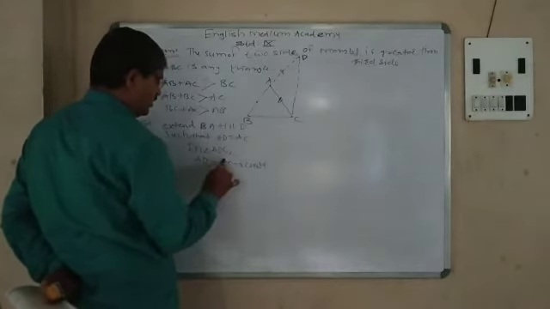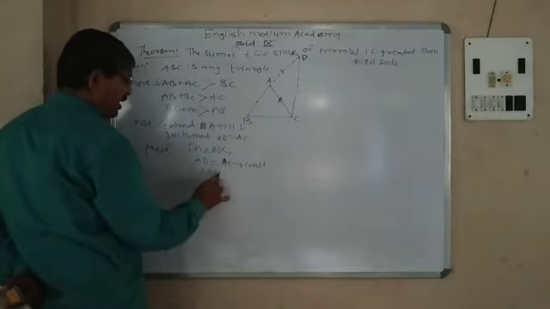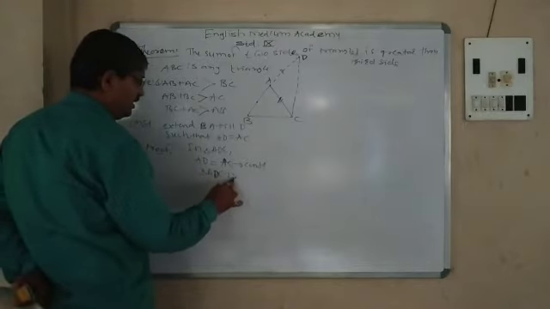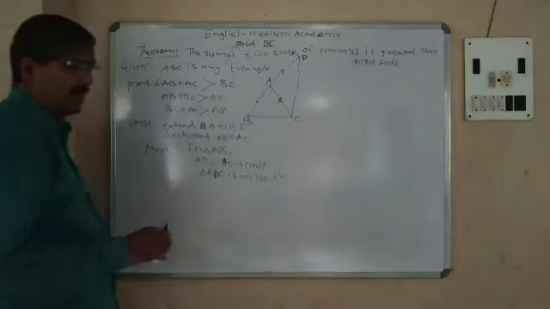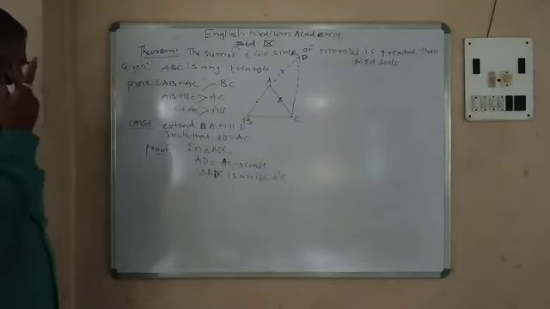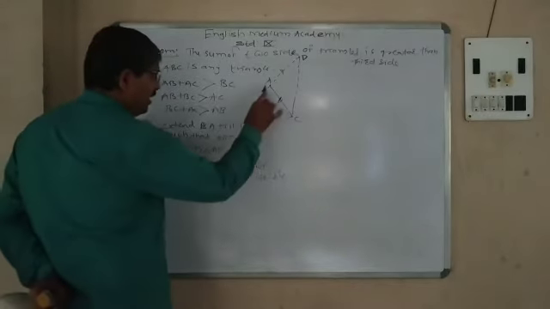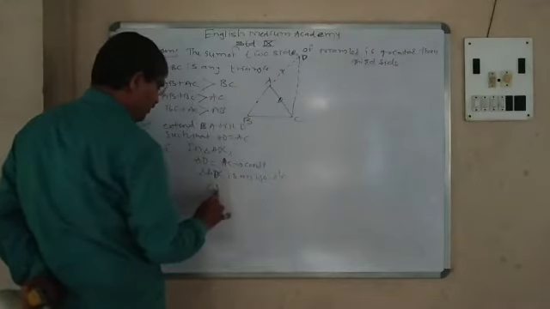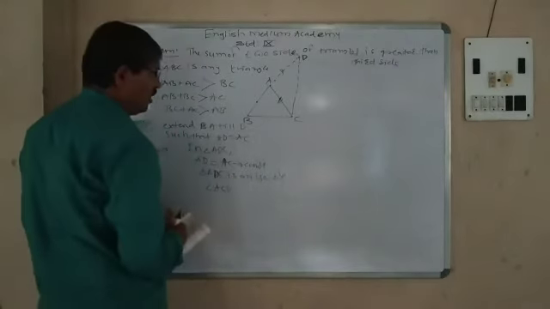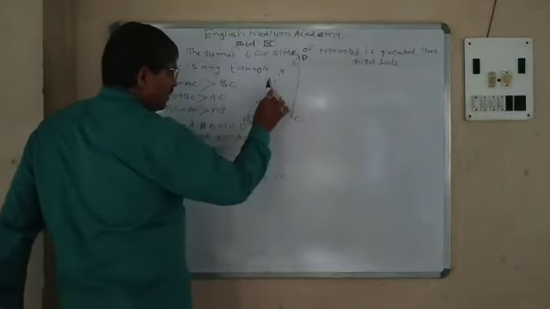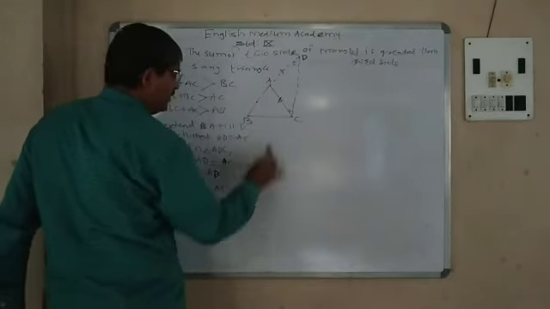Therefore, triangle ADC is an isosceles triangle. Why? If two sides are congruent, then it is an isosceles triangle. Therefore, angle ACD is equal to angle ADC, because base opposite angles are congruent.